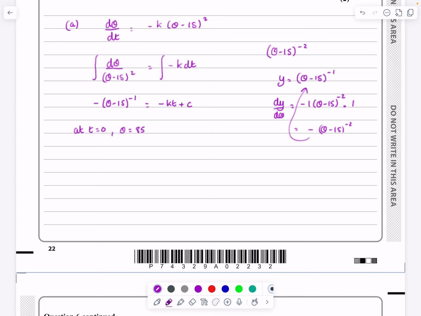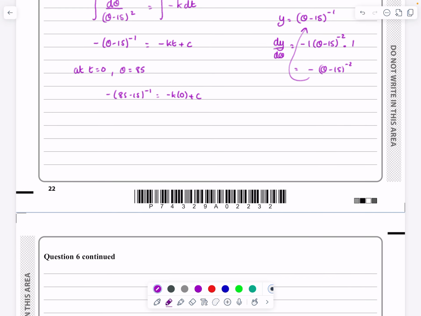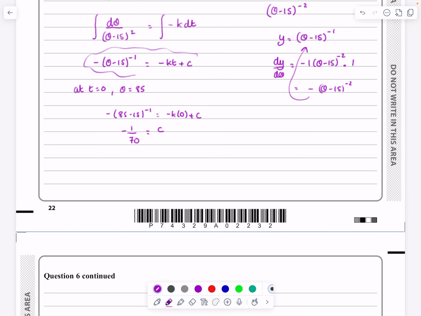So putting that information in, I get minus (85 minus 15) to the minus 1 is equal to minus k multiplied by 0, plus c, so I can get what c works out to be, and that's minus 1 over 70 on this side is equal to c on that side. Right, okay, so my equation up here can now change and can be minus (theta minus 15) to the minus 1. Well, I'm going to tidy that up. That's minus 1 over (theta minus 15).